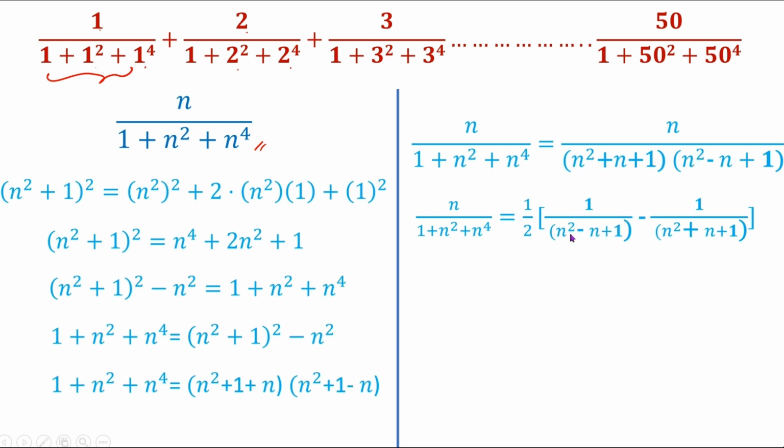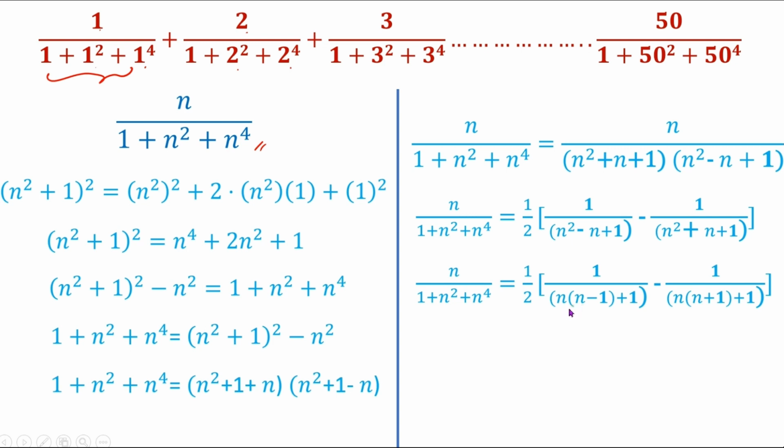So we did the fraction sum for these two terms. Here, if you take common factors from the first two terms, it will become n into n minus 1 here, and n into n plus 1 here. Finally, the generalized form of this term, we converted into the sum of two fractions.